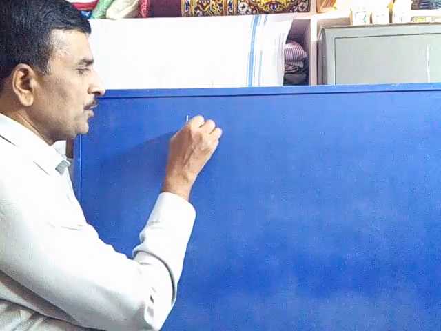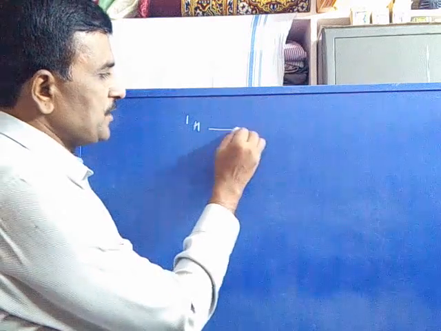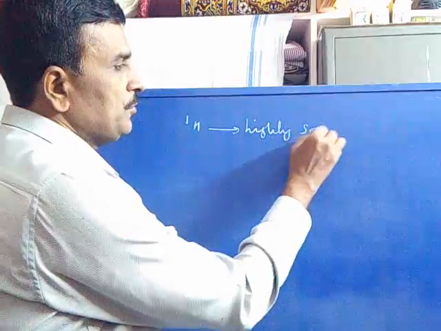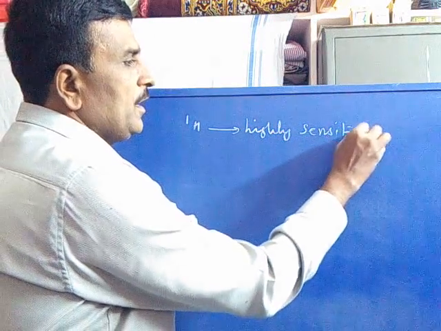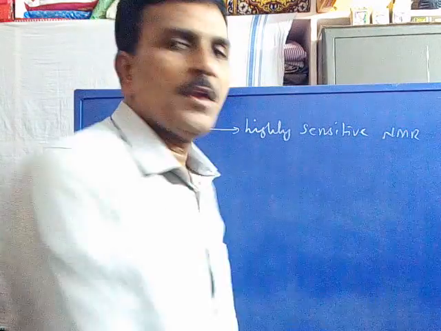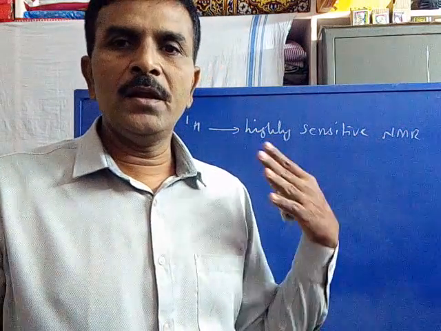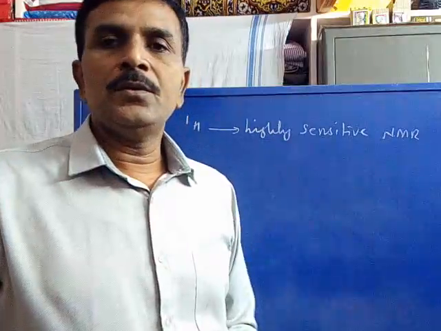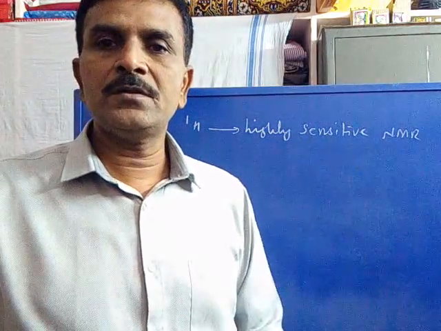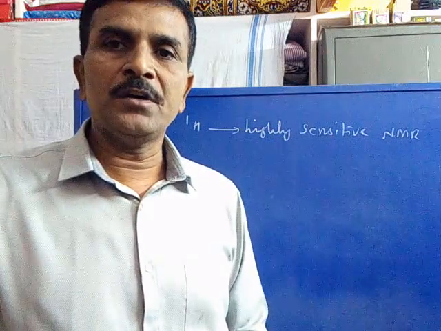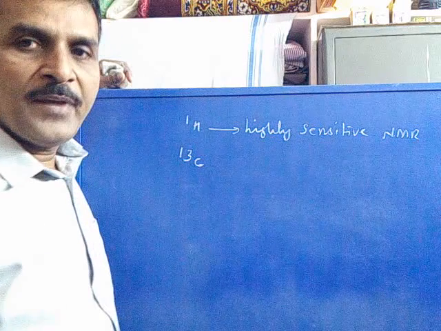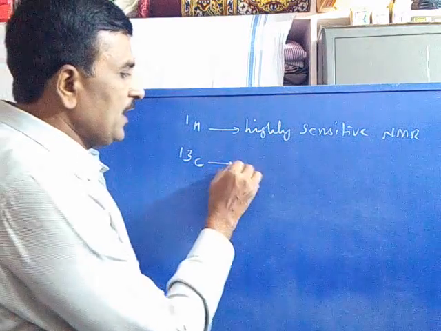We know the proton nucleus is highly sensitive to NMR. It can easily generate its NMR spectrum as its natural abundance is very high, together with a high gyromagnetic value. We discussed all this in the introductory part of the chapter. Similarly, the molecule also contains the carbon spin-active nucleus, which is highly insensitive.